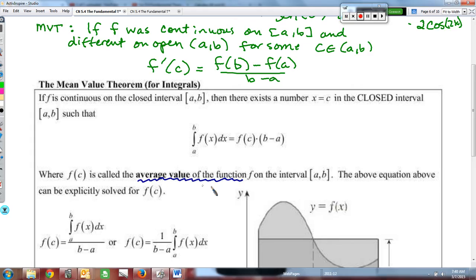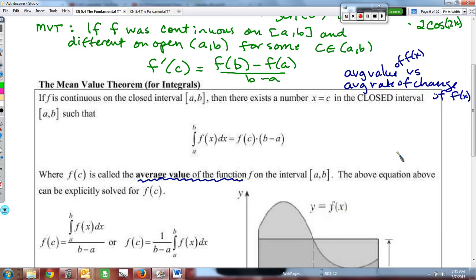The first point that I want to make is that the average value versus when we say average rate of change, these two are not the same. If we're talking about the average value of a function f of x, that is not the same thing as the average rate of change of that function f of x.